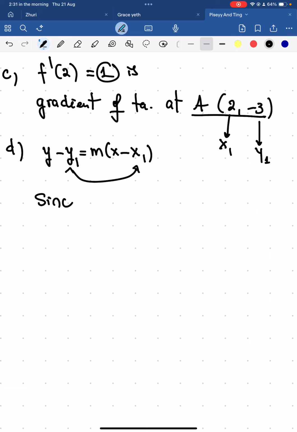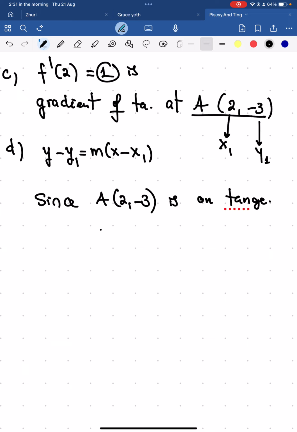So since A is on the tangent line, and the slope equals 1, we can just say y minus y1, where y1 equals -3, equal to 1 times x minus 2.